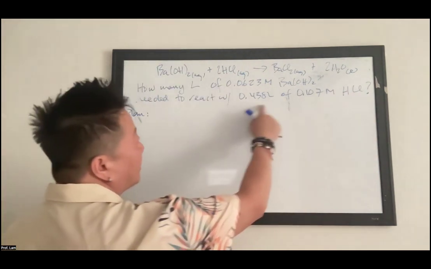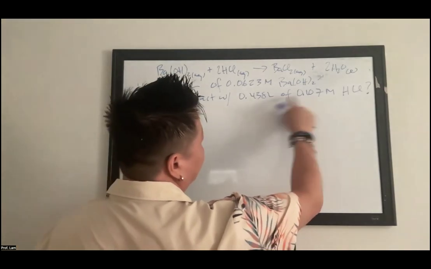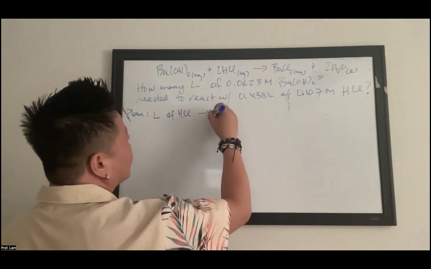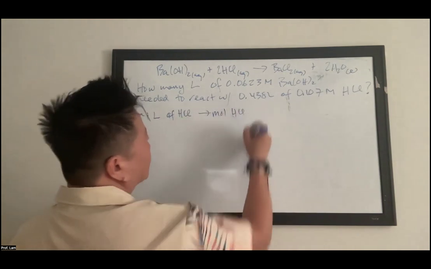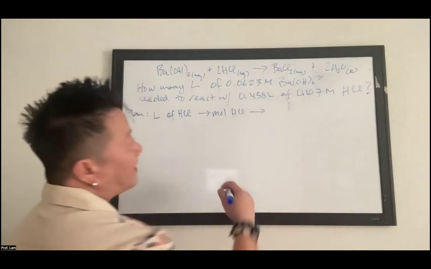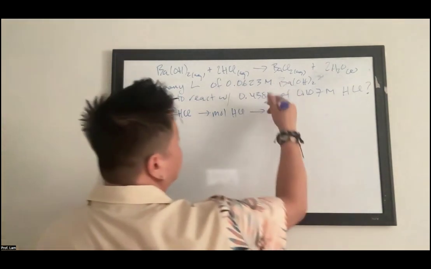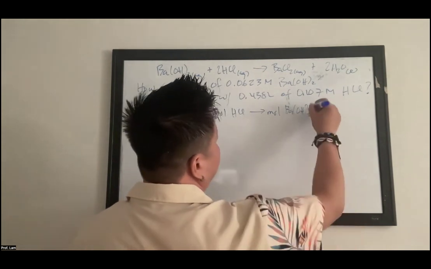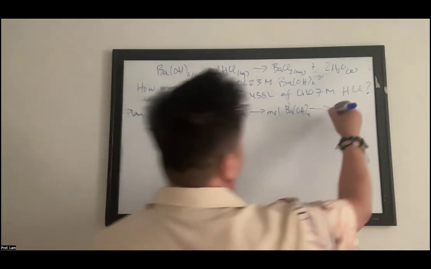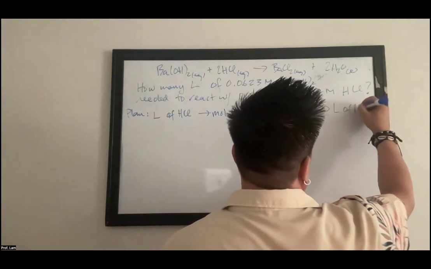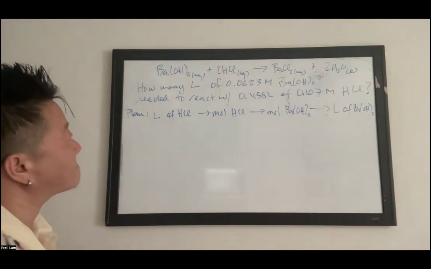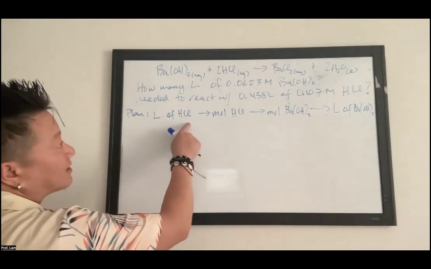So you start with liters of HCl, convert to moles of HCl first, then go to moles of B, where B is barium hydroxide. And then it's asking for how many liters of volume of B, so liters of barium hydroxide.